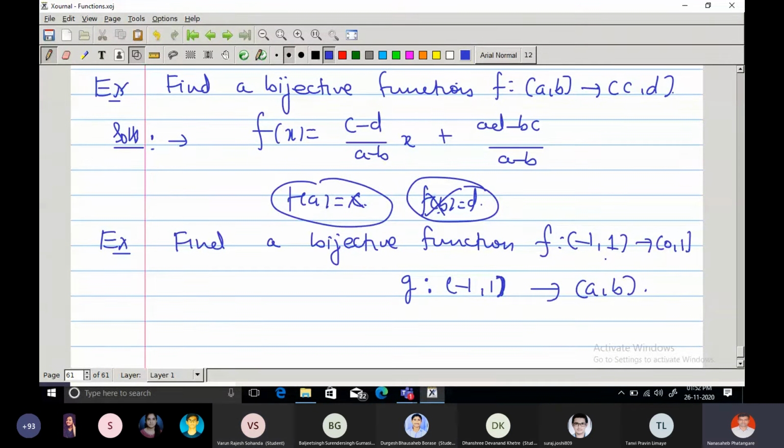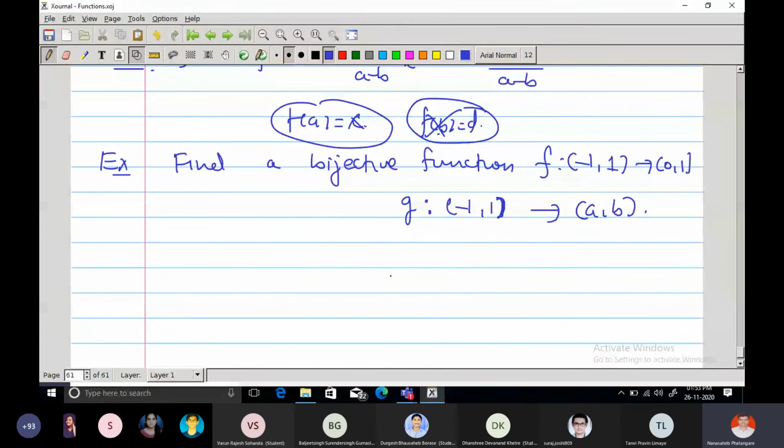Yes. Yes, because we already have the general formula to find a bijective function from any interval to any other interval. So (-1, 1) to the interval AB is also possible. You try to produce explicitly what these functions are, right? Because we want to discuss a very interesting problem.